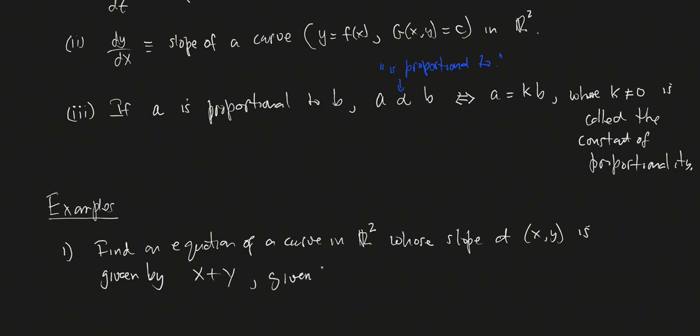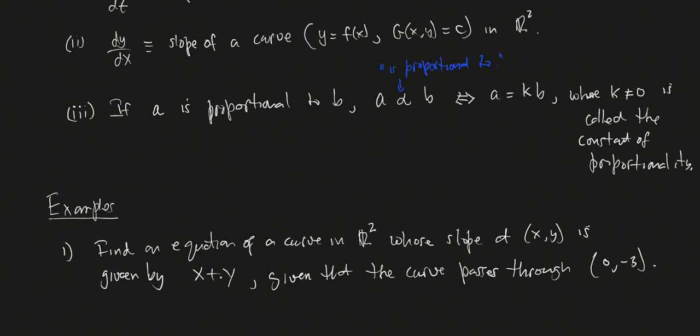Let's say, given that the curve passes through the point 0, -3. So it says find an equation of the curve in R2 whose slope at any point is given by this expression x plus y, given that the curve passes through the point 0, -3.